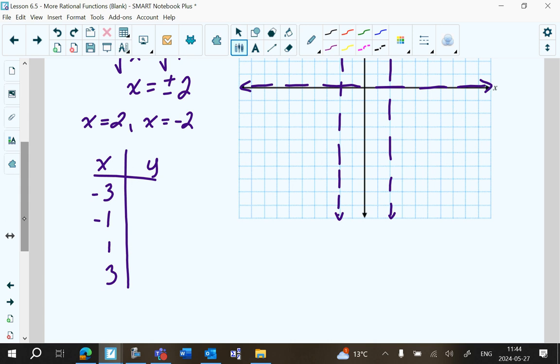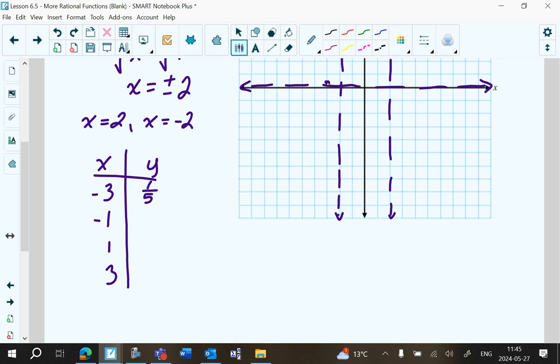So what is 1 over negative 3 squared minus 4? Well, that's 1 over 9 minus 4, which is 1/5. So negative 3, 1/5, it's pretty low. Wouldn't it make sense that this would be the same answer?